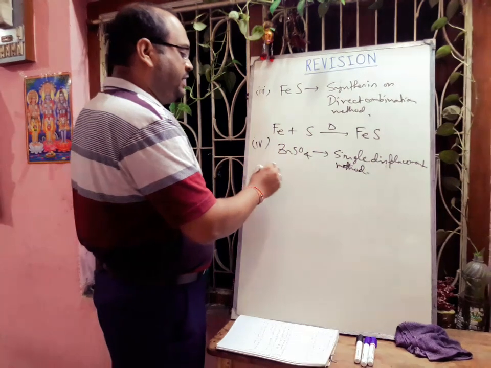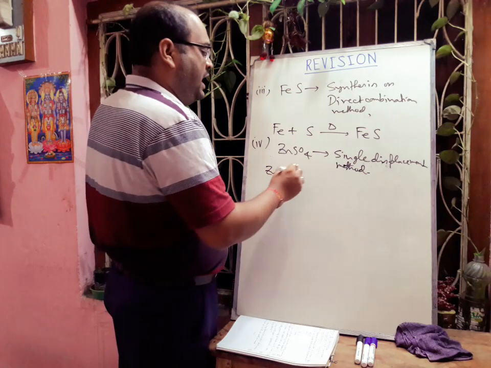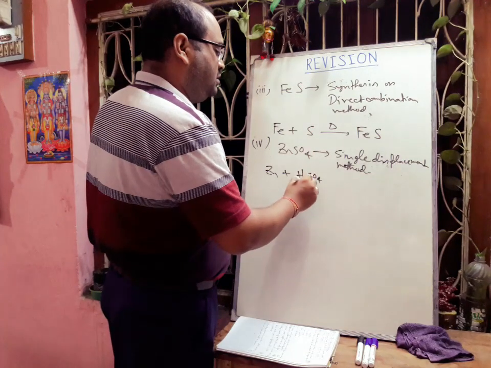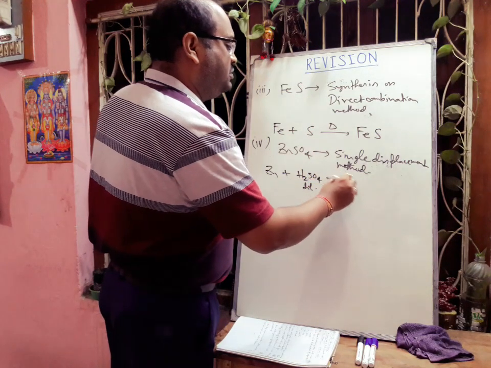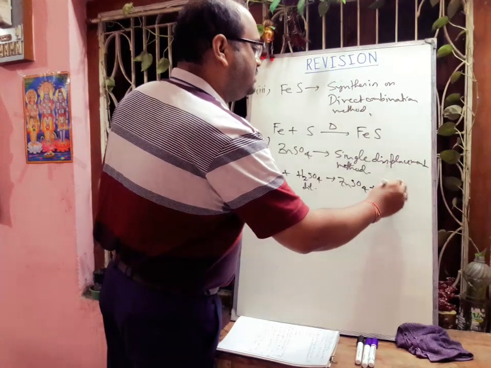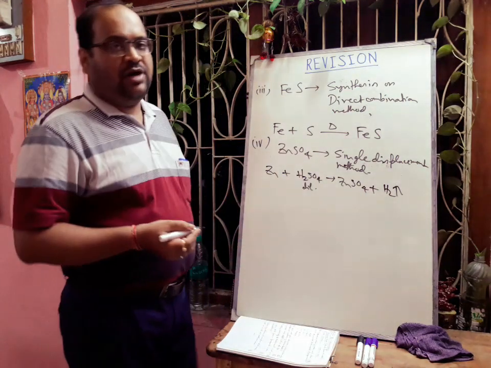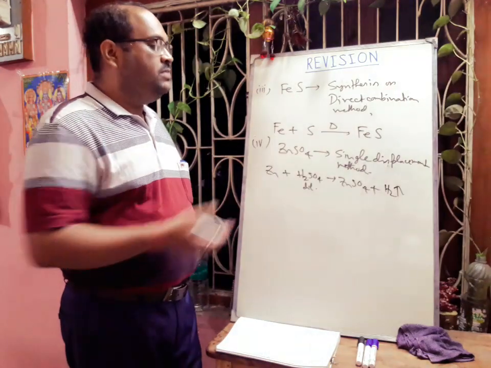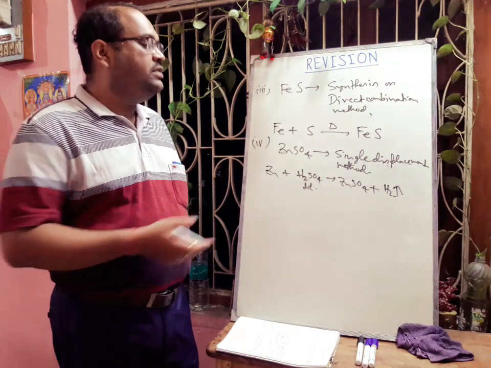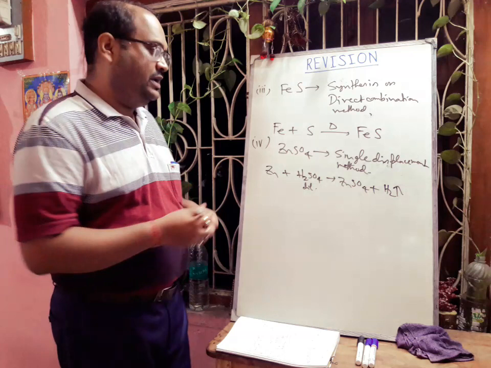So here we have to take zinc metal and add dilute sulfuric acid, that will produce zinc sulfate plus hydrogen gas. Zinc sulfate is water soluble, so it will remain in the solution. If we evaporate the solution, then we will get the zinc sulfate. Okay.